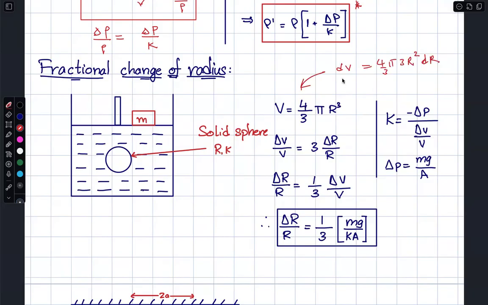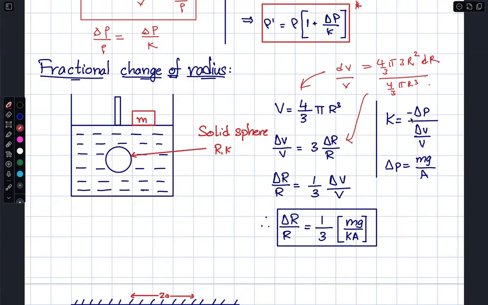That gives you this relation. So delta R by R is 1 by 3 times delta V by V.